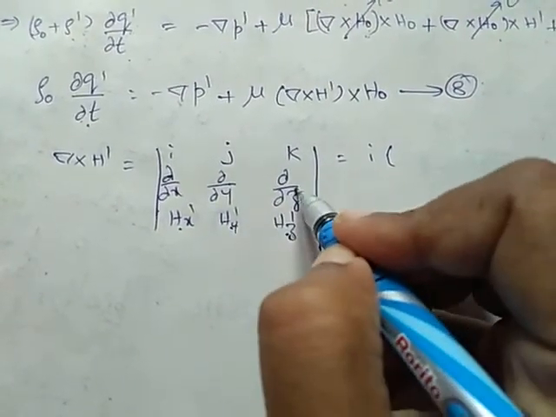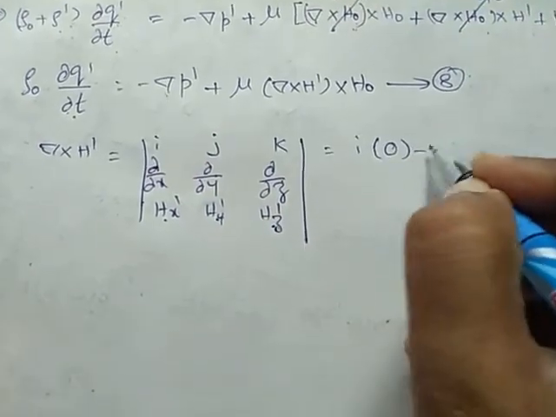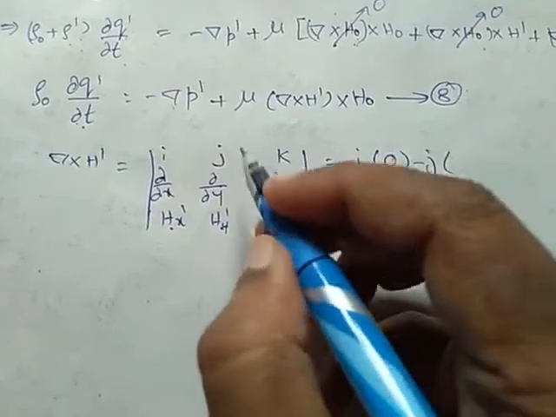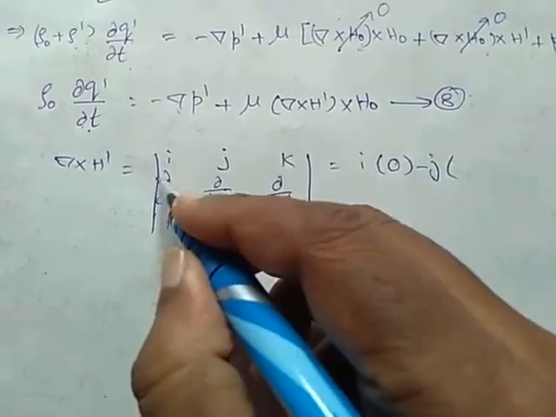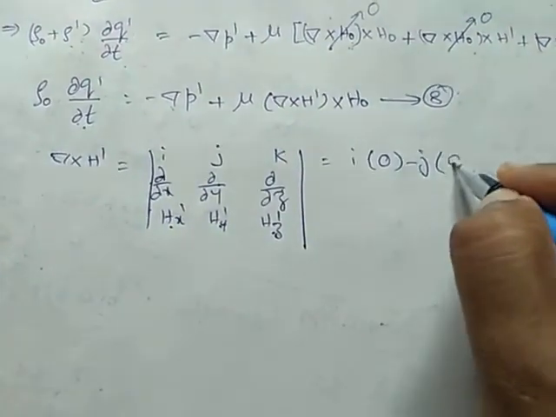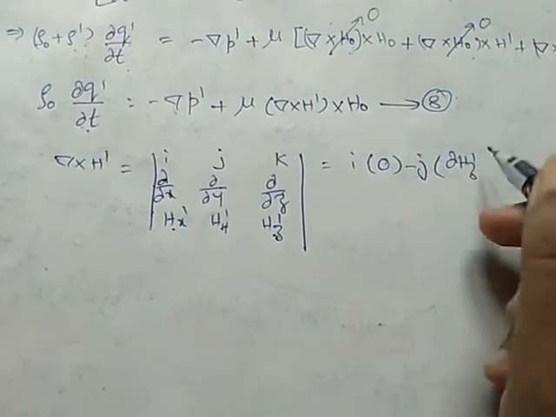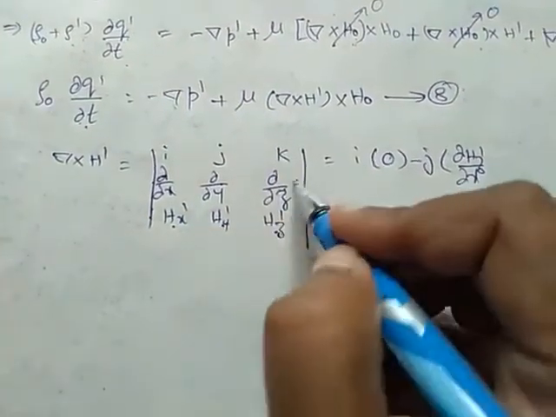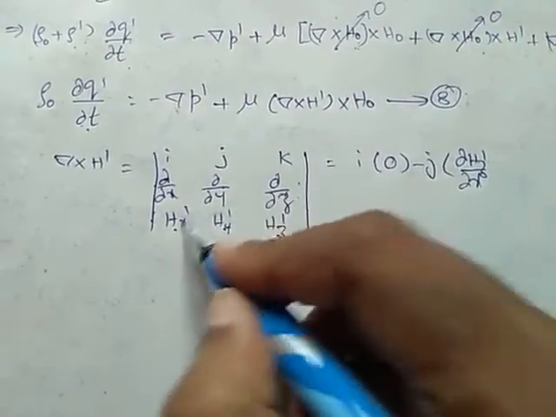Differentiation of hy with respect to z is also 0. Similarly, for j, we are having dou hz dash by dou x, and differentiation of hx with respect to z is 0.